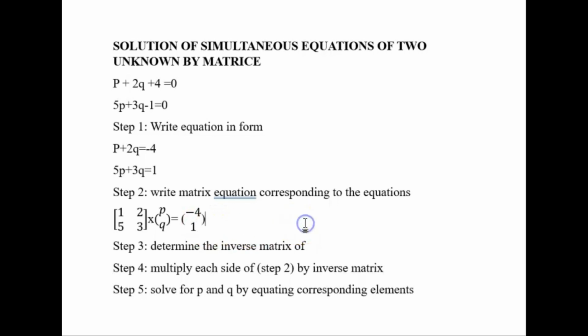That is it. So that is the matrix equation corresponding to the equations. So we have 1, 5, 2, 3, then times P Q is equal to negative 4, 1.